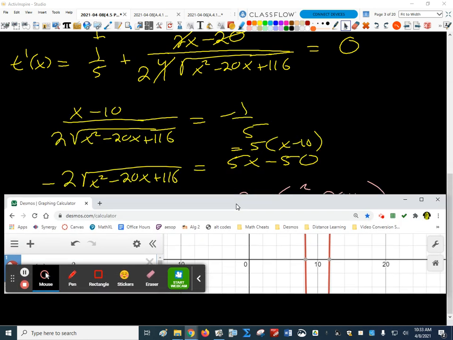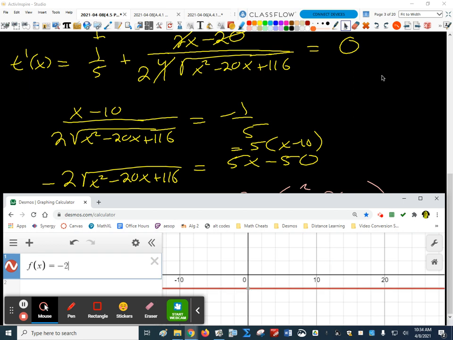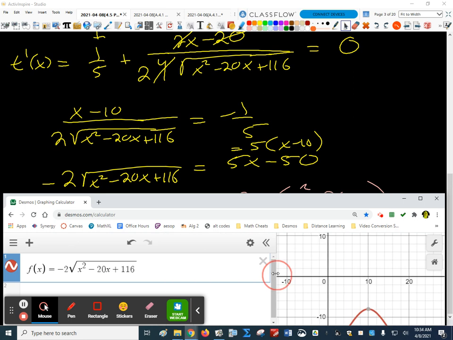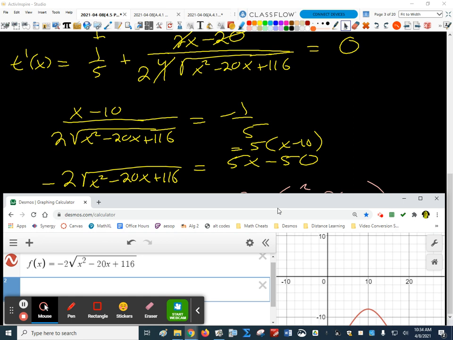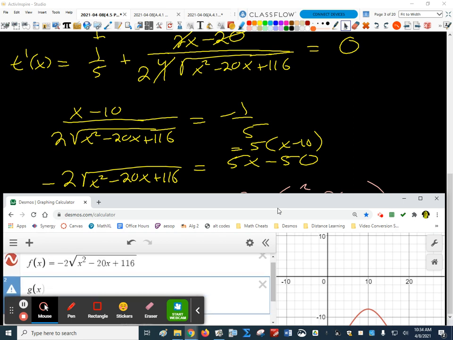So let's just evaluate these. I'll set up functions for both sides, and then I'll plug values in. So f of x will be the left side. There's the left side of the equation. Here's the right side of the equation, we'll call it g of x.